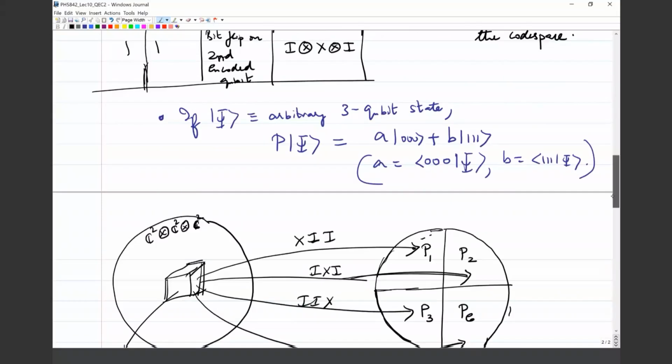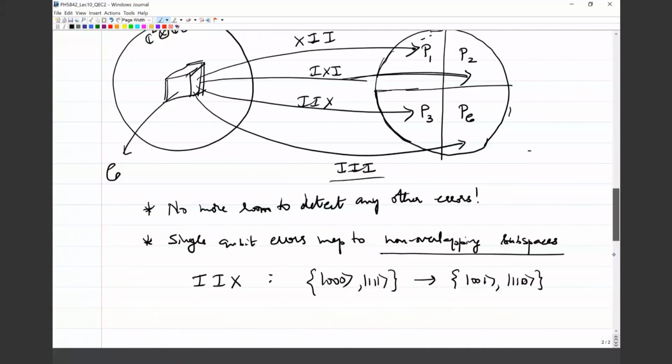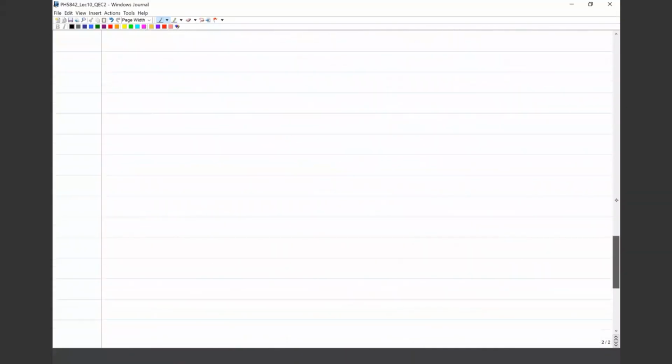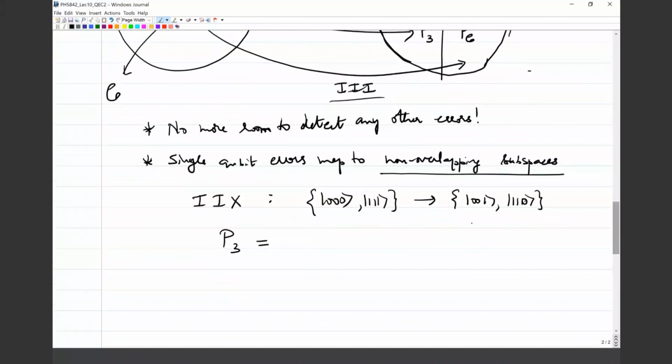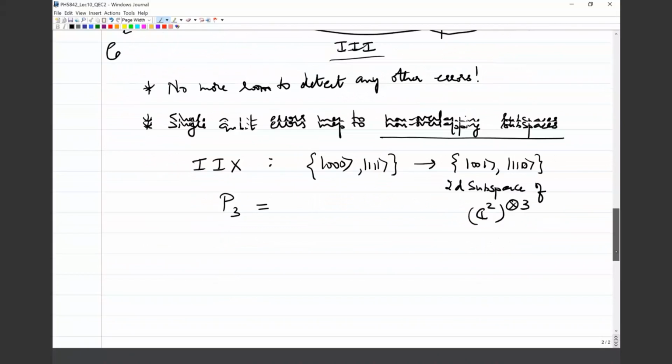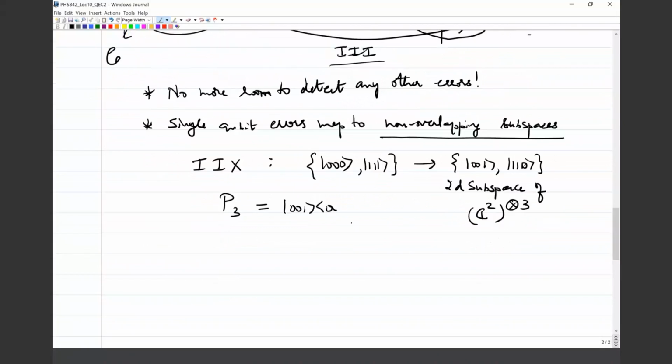So IIX is what I call P3. The projector P3 is associated with this subspace, which is another two-dimensional subspace of C2 tensor 3. And the projector associated with this is simply |001><001| plus |110><110|.